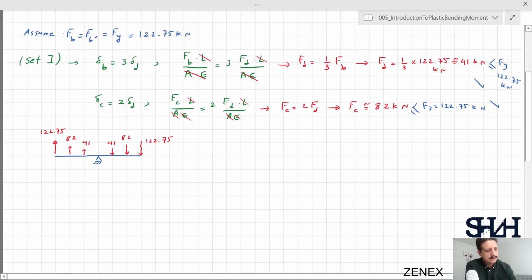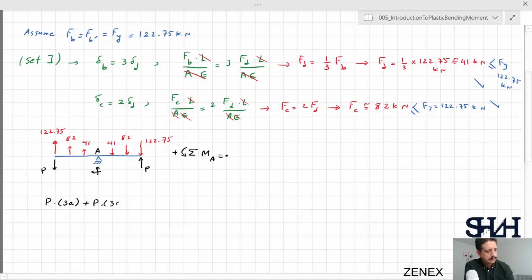And the target is calculation of force P. We can take moment with respect to point A. So it will be E times 3A plus P times 3A minus 122.75 times 3A, but times 2 because we have two sides.